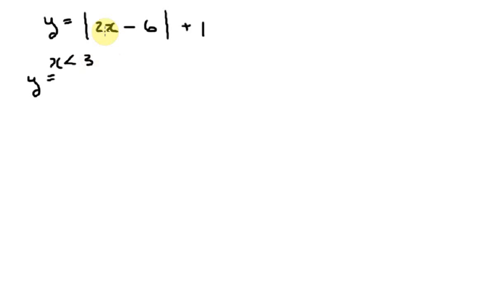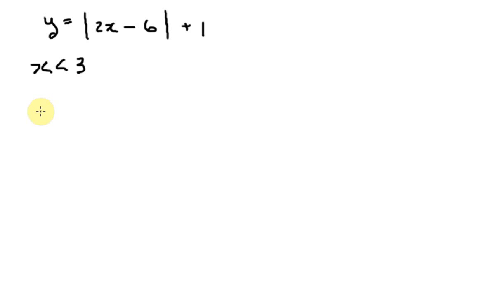If you put a number that's less than 3 into this function, you're going to get... actually, I'm just going to give myself a little more room here. I kind of squished myself up, so let me delete that and rewrite it with a bit more room. We're working on the left side of the vertex.